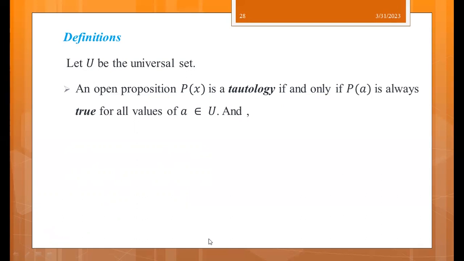An open proposition P of x is said to be a tautology if and only if P of A is always true for all values of A within the universal set.